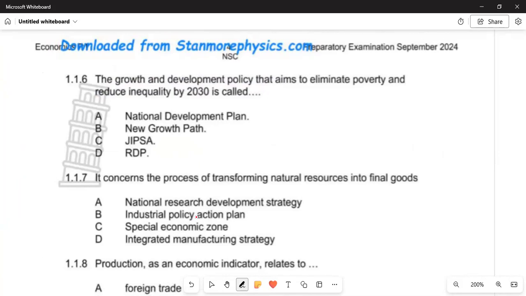We are given four options and the correct answer is National Development Plan, because the National Development Plan is a long-term government plan that sets targets for economic growth, social equity, and poverty reduction.